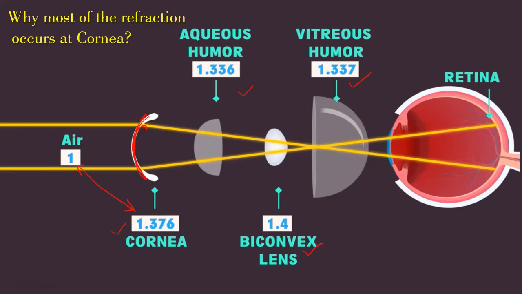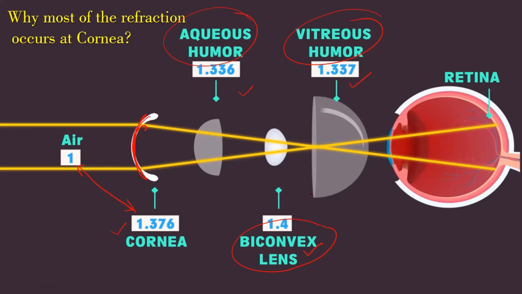On the contrary, the other 3 mediums which the light rays go through, the aqueous humor, the biconvex lens, and the vitreous humor, won't cause much refraction, because if you observe the refractive indices, there is not much difference: 1.336, 1.4, 1.337.